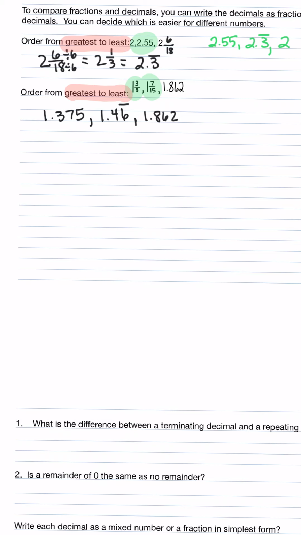So the biggest number, the ones are all the same. 8 is going to be the biggest number. So from greatest, it's going to be 1.862. The next one is 4 is bigger than 3, 1.46 with the repeating decimal, and the smallest 1.375.